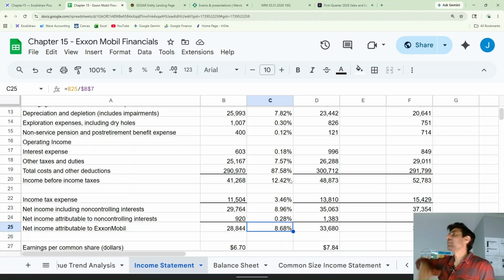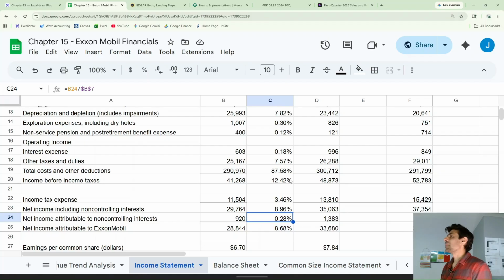So ExxonMobil owns probably thousands of other entities, but they combined all those entities into one combined financial statement, even though they may own like 80% of some other subsidiary. That 20% owner actually should get 20% of the net income from that subsidiary. So that's what this kind of minority interest is. It's a kind of technical thing.